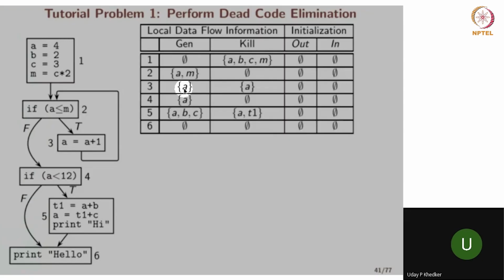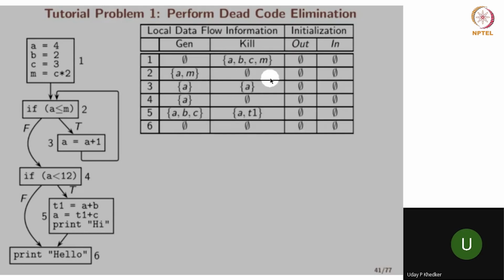Does anyone have a confusion about how we have A in both gen and kill for this particular basic block? If you have a confusion, this is the time to ask, because if you don't get it clarified right now, you're going to get much more confused later. So this is okay.